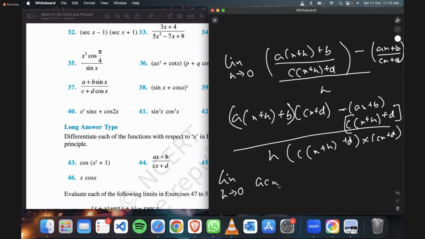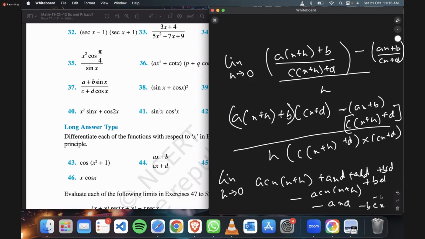I have acx times x plus h plus axd plus ahd plus bcx plus bd minus acx times x plus h minus axd minus bcx minus bch minus bd.